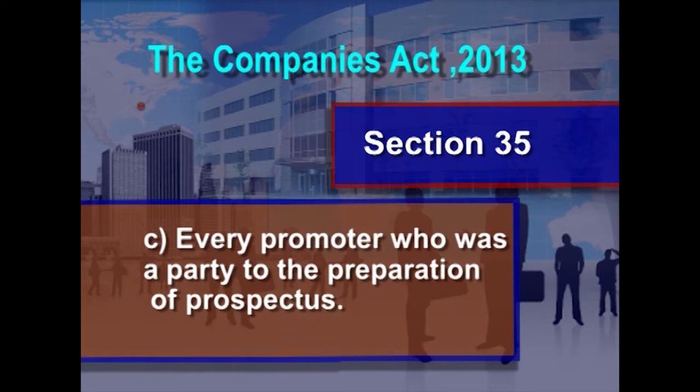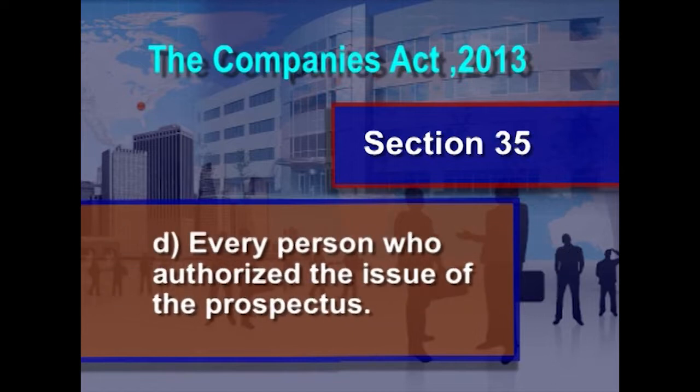C. Every promoter who was a party to the preparation of prospectus. D. Every person who authorized the issue of the prospectus. They are liable to compensate the investor for any loss sustained by him by reason of any untrue statement contained in the prospectus.